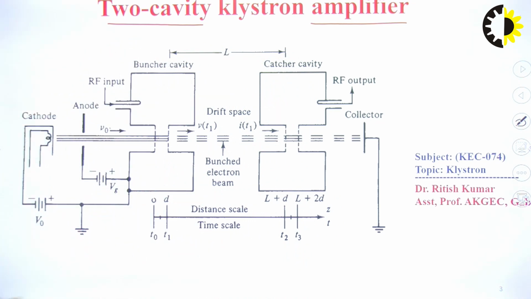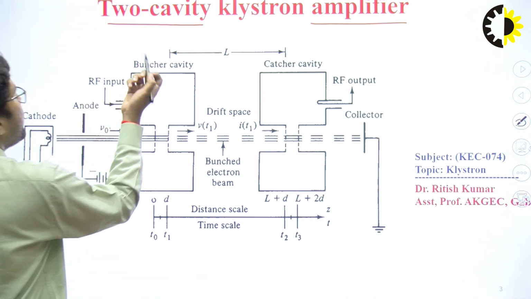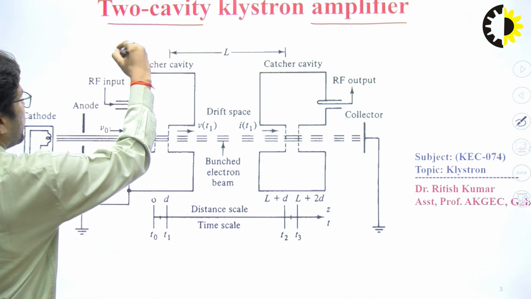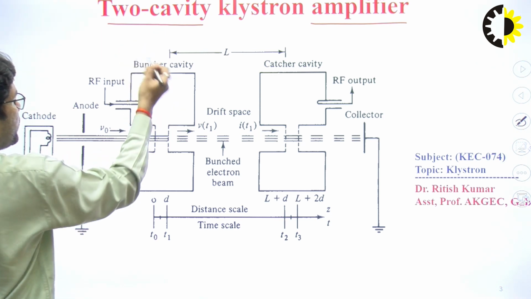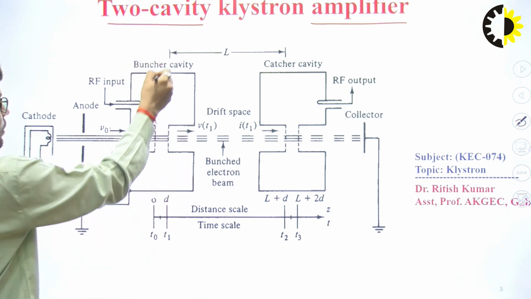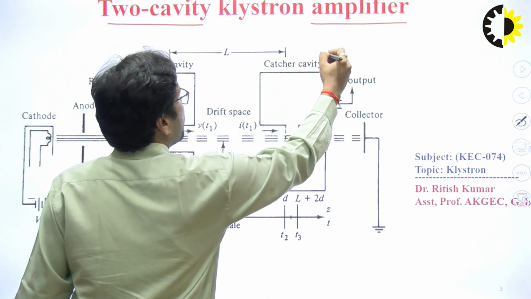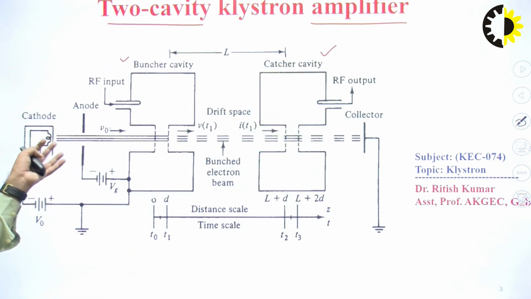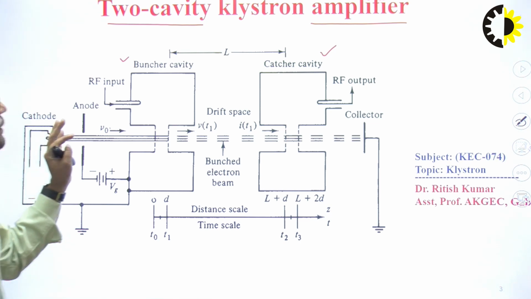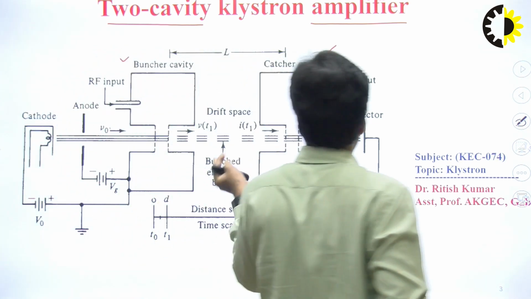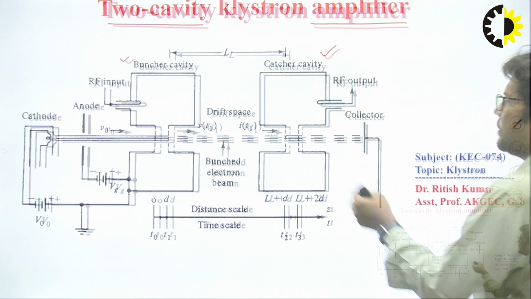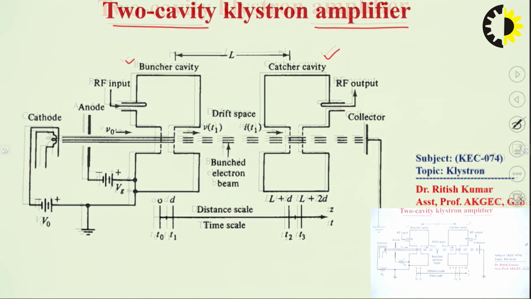So in the case of two cavity klystron, you can clearly observe here this one is the cavity. This is known as the buncher cavity and this one is known as the catcher cavity. Both cavities look similar in structure. We can say both have symmetry with each other.